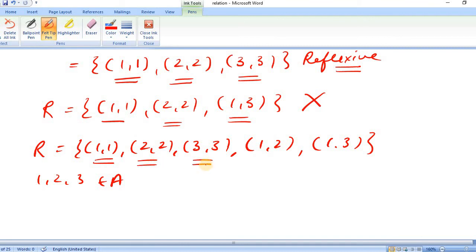So this is a reflexive relation. It doesn't matter what other ordered pairs are here. They can be present or not, it doesn't matter. The definition of a reflexive relation says that (A, A) should be true for all elements in the set A. So this is a reflexive relation.